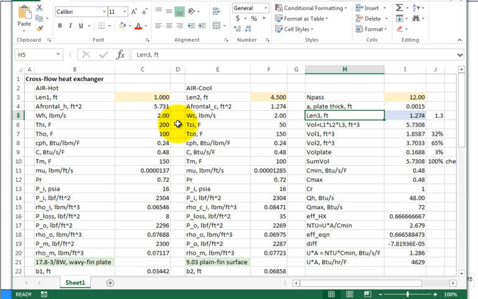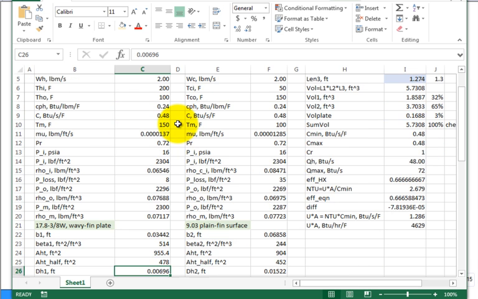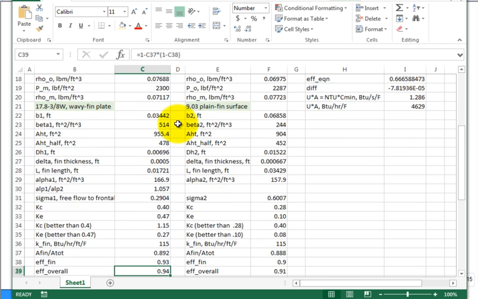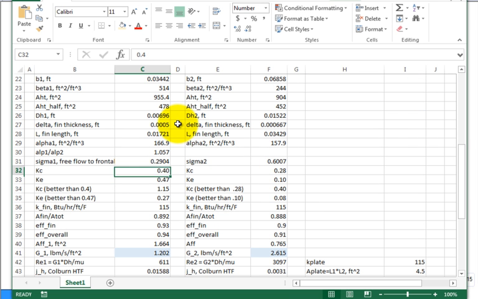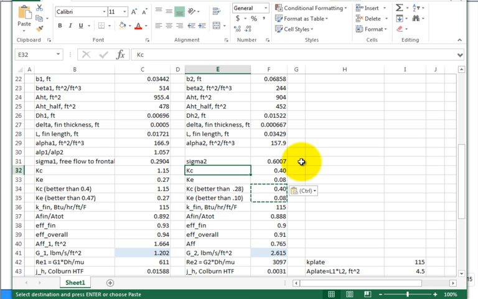And now with that, you have the same mass flow rate, and a lot of these calculations have been updated in Excel. Did I change KC and KE? I can't remember which one I'm using. These are the better values, so let me just copy and paste them right there. All right.